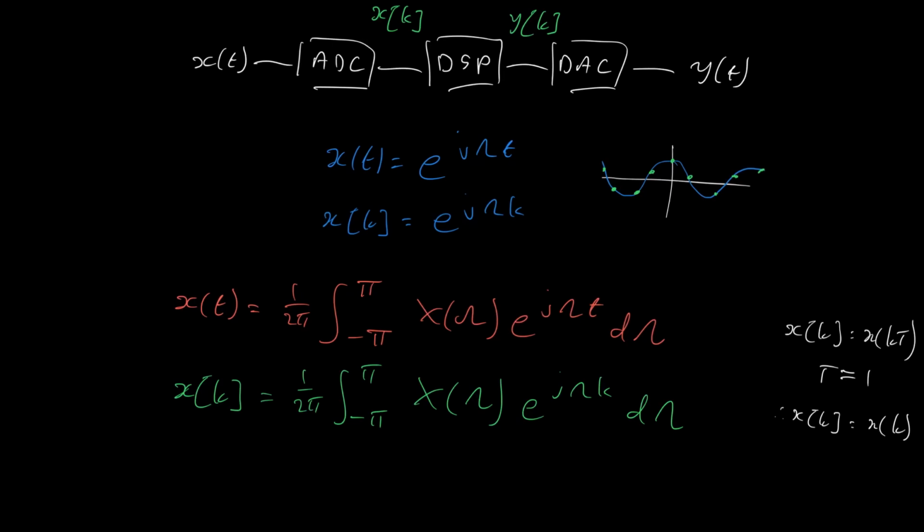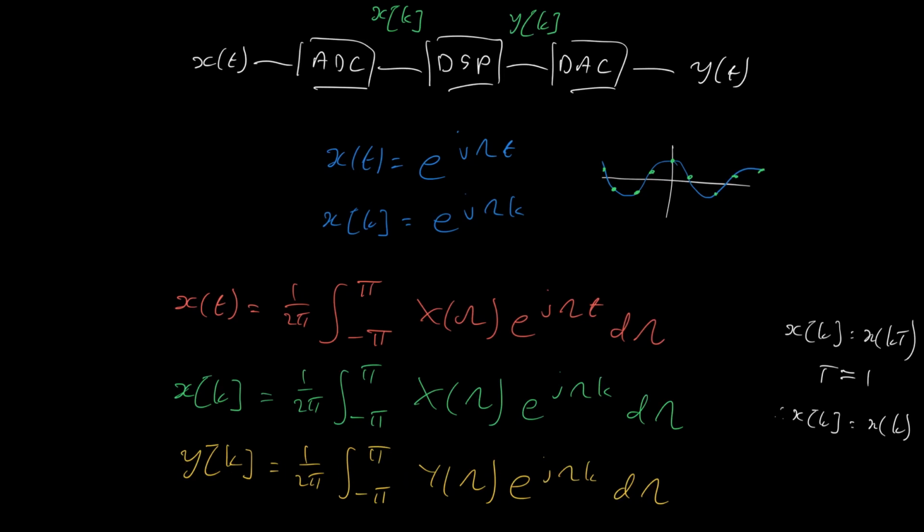It turns out, as a good theory ought, that everything fits together very nicely, meaning that if I now look at y of k, it doesn't matter what this DSP block does. You can pick any sequence you like to be y of k, and I can always represent it in this same form here. Precisely, you give me any sequence y of k, I can always find a function Y of omega such that this equation is true.